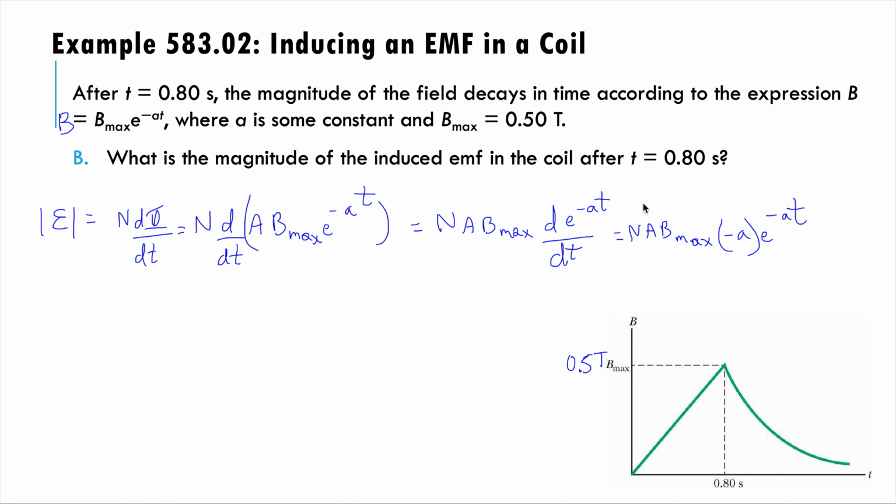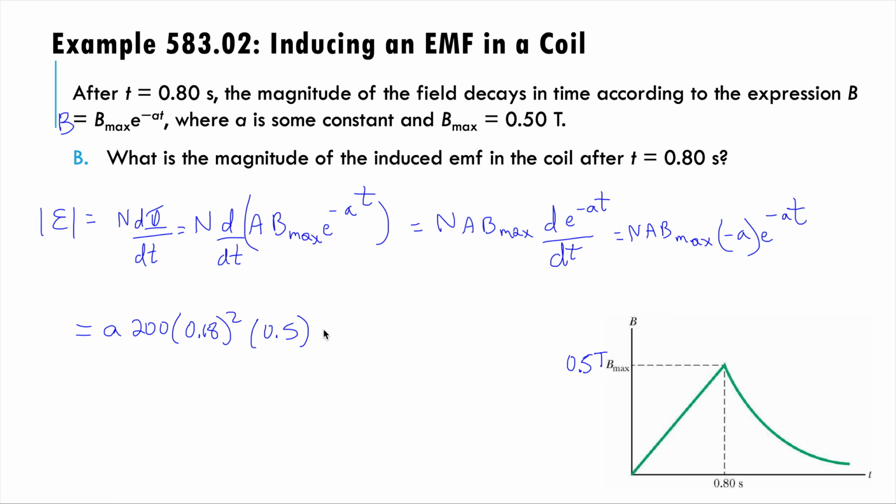And now we can go ahead and plug the values in, and since we are taking the magnitude, we still don't care about the negative. Go ahead and plug in all of our values, N. Well, we can bring the a in front since we don't have a value for that. But N is 200, then the area is still the 0.18 squared. B max is 0.5 teslas.